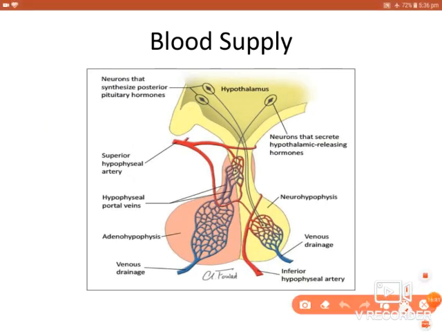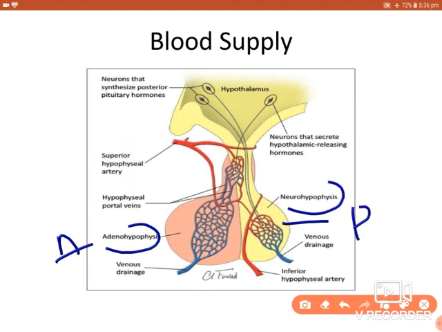Now the blood supply. Here is the anterior lobe, the adenohypophysis, and this is the posterior lobe, the neurohypophysis. See the superior hypophyseal artery here, and posteriorly the inferior hypophyseal artery. There is only one inferior hypophyseal artery, but more than two superior hypophyseal arteries.